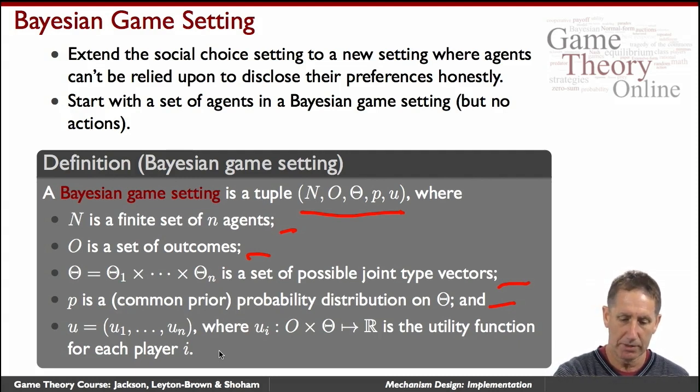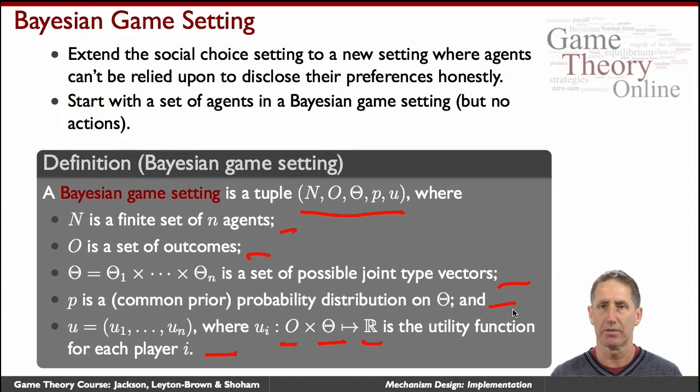And we have a utility function that says, given an outcome and given the types of the agents, what is the utility to each of the players? So given that my preference ordering is what it is, and given that a particular candidate was elected, for example, that would give me some utility.